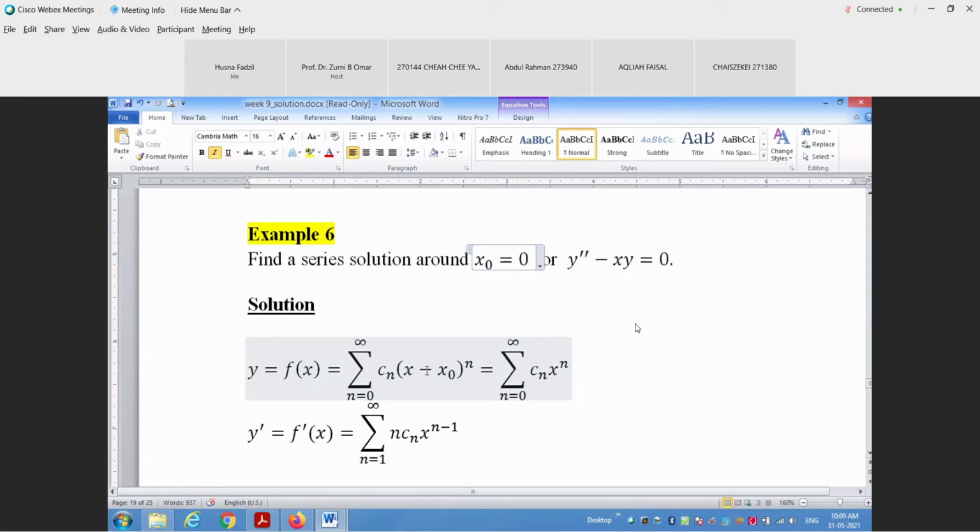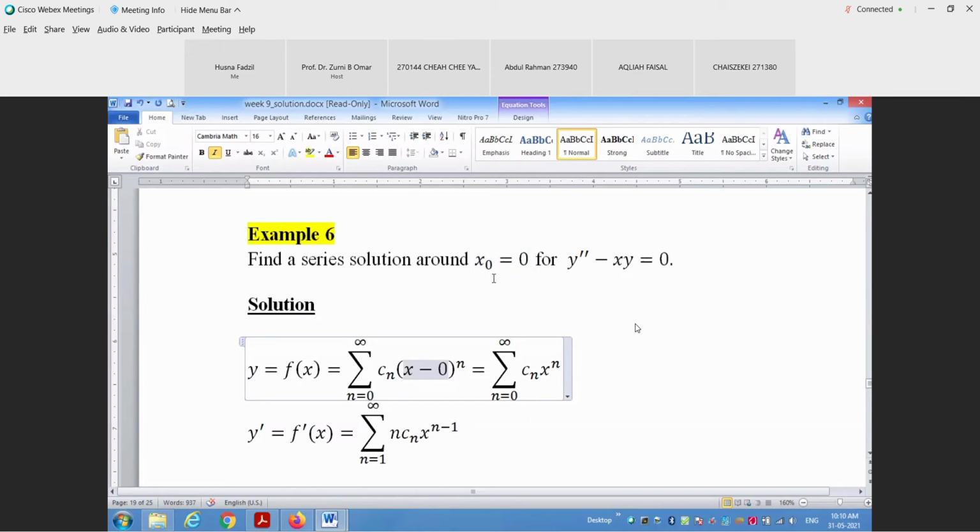But x naught is not always equal to 0. There are some cases when x naught equals 1, minus 1, and so on.